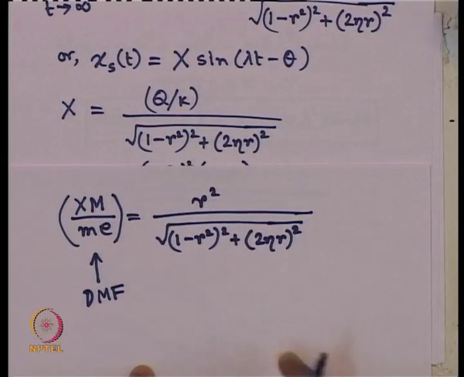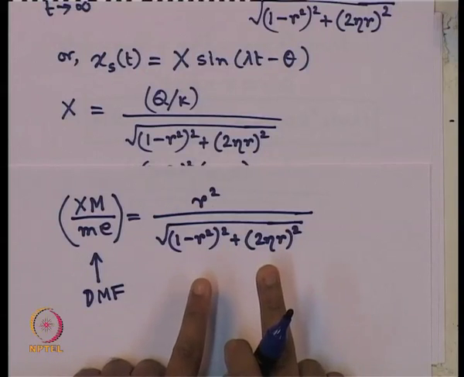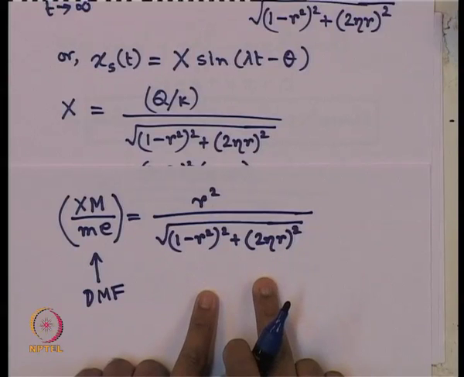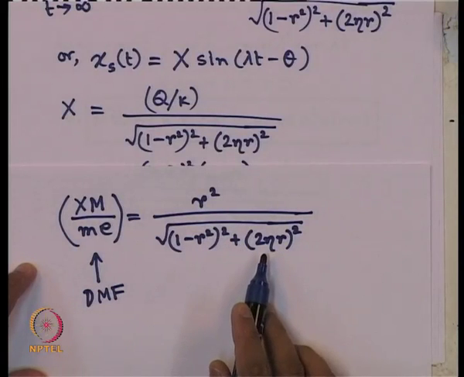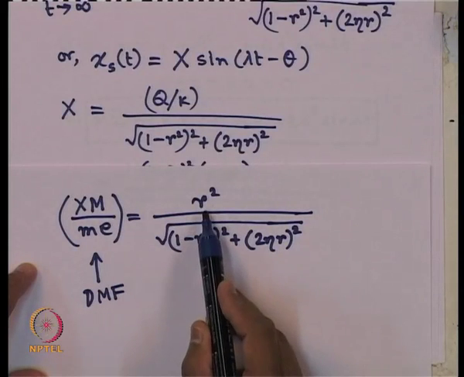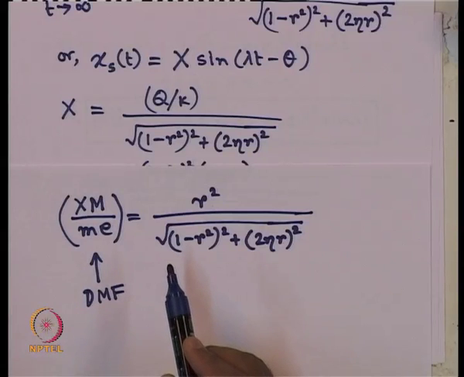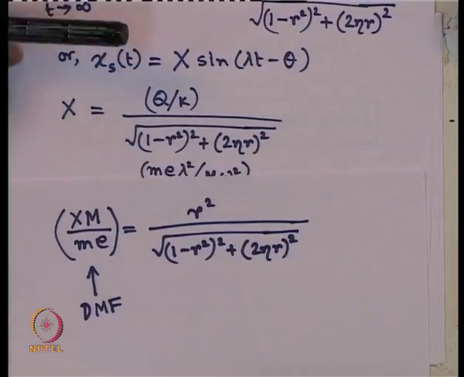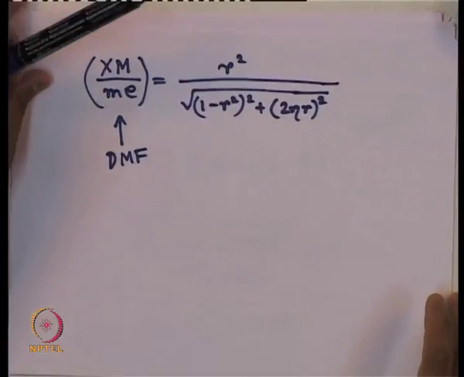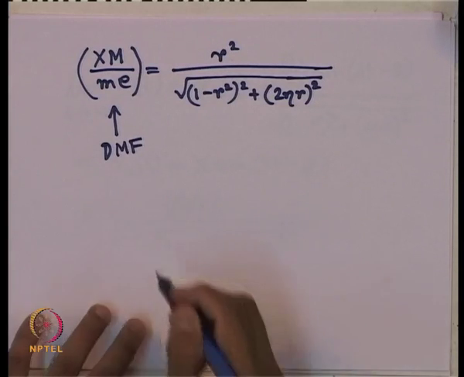So, this is our expression for dynamic magnification factor for a rotating mass, whereas earlier the expression was 1 by this. So, here there is a slight change in the numerator, we now have r square. That is the difference of DMF with respect to the previous case. Now, let me plot this DMF with respect to r again. What we did for the previous case, we want to do here also.